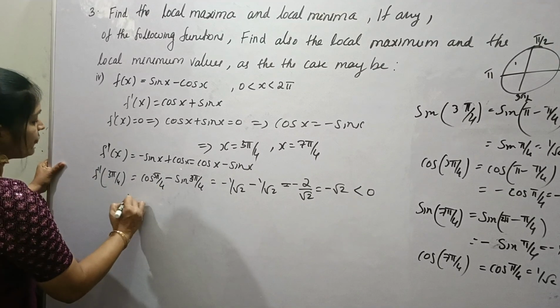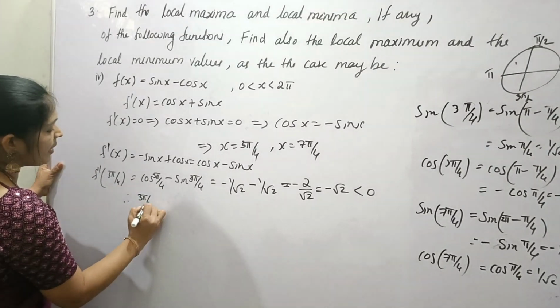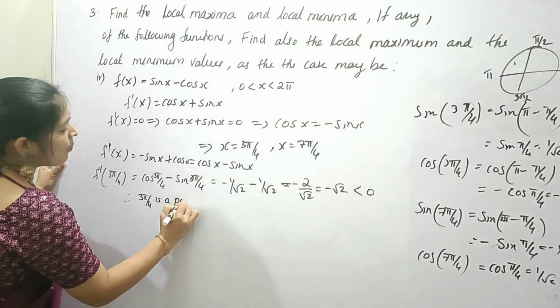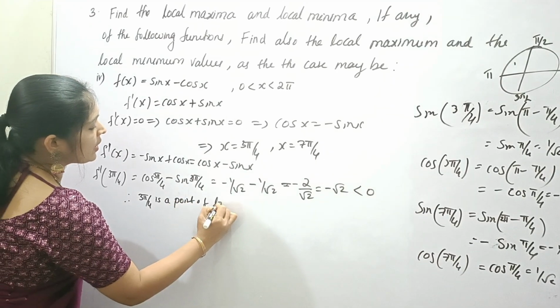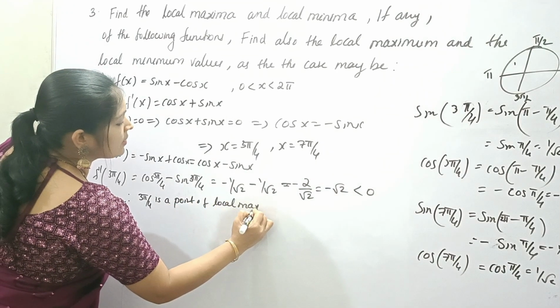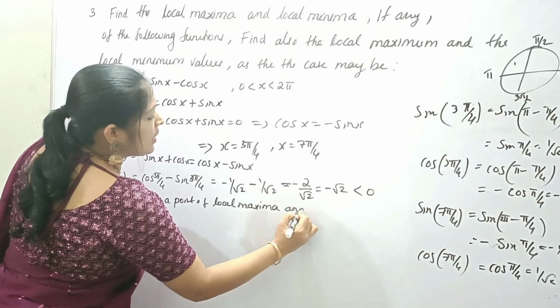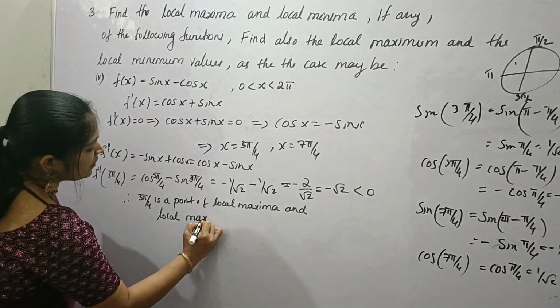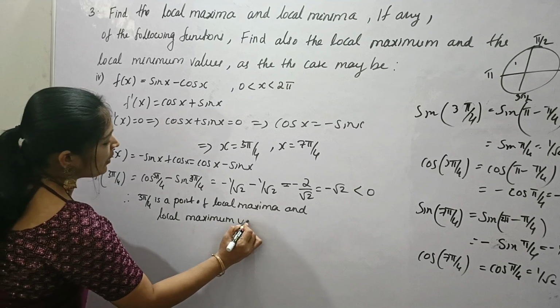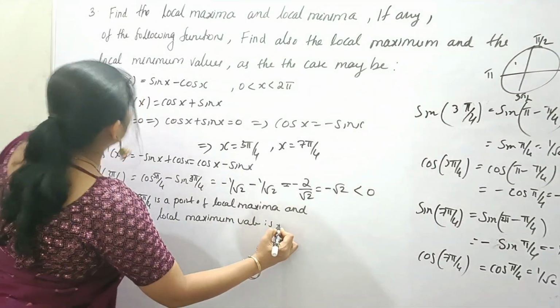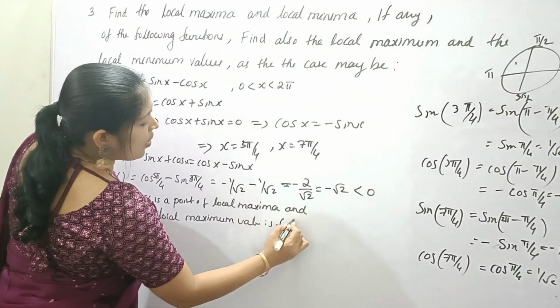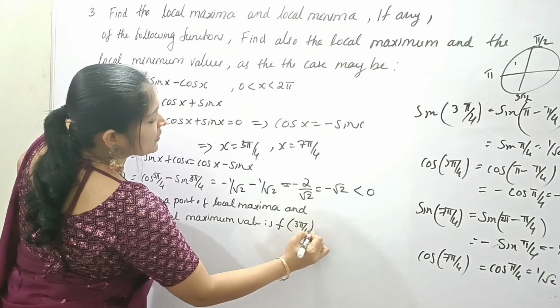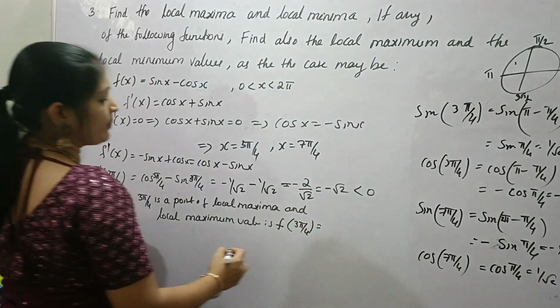we say 3 pi by 4 is a point of local maxima, and the local maximum value is f of 3 pi by 4. Substitute x is equal to 3 pi by 4.